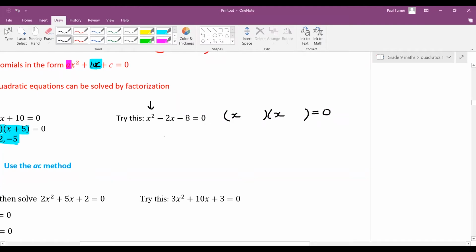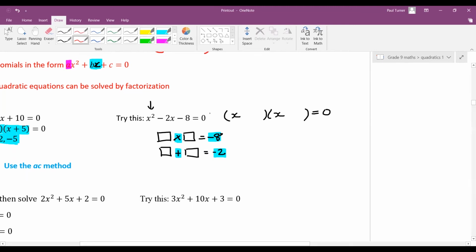And then we're thinking about what are the two numbers that will multiply to give the last number, which is -8, and we'll add to give the middle number, which is -2. Okay, so multiplication for the last number and addition for the middle number, like that.